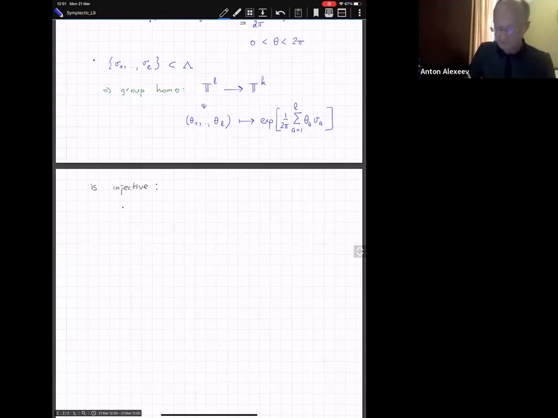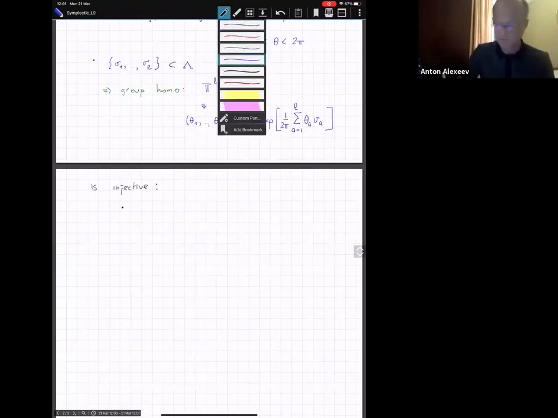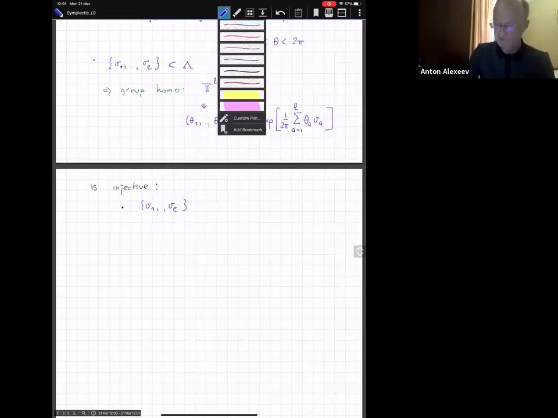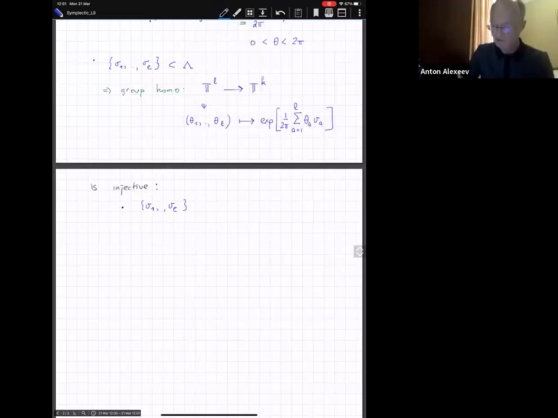So there are two conditions. First of all, we want those V1, ..., VL to be linearly independent. If not, of course, there would be no injectivity.